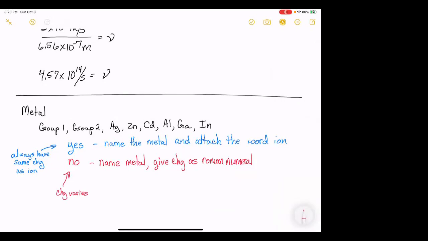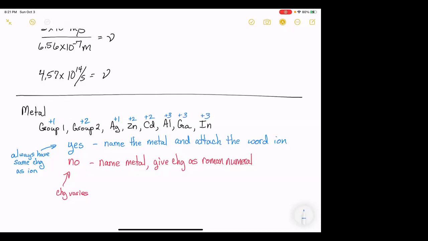So that's the reason we have to ask those questions. If it's group 1, group 2, silver, zinc, cadmium, aluminum, gallium, or indium, their charges are always the same. The charges are +1 for group 1, +2 for group 2, +1 for silver, +2 for zinc and cadmium, and +3 for aluminum, gallium, and indium.